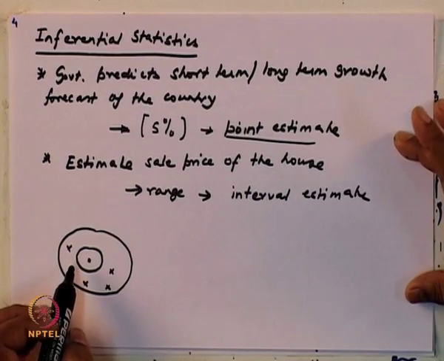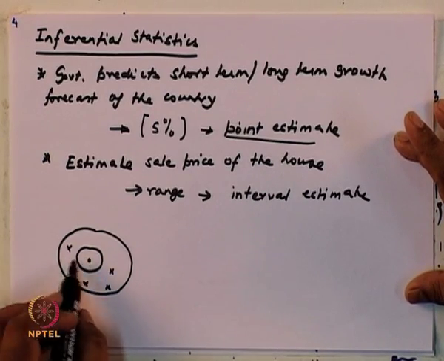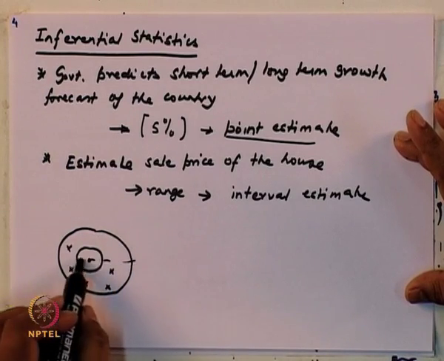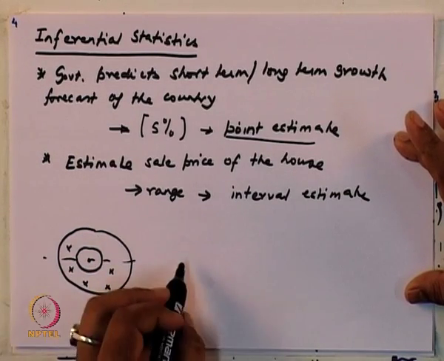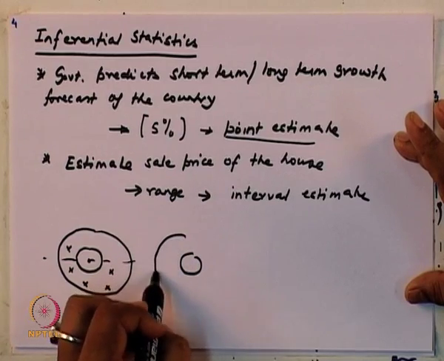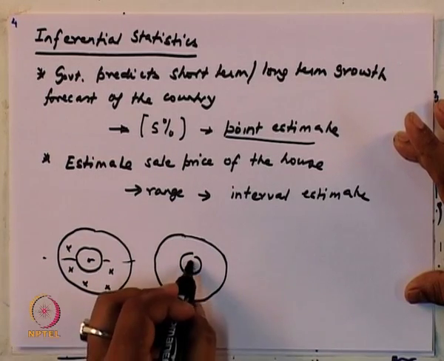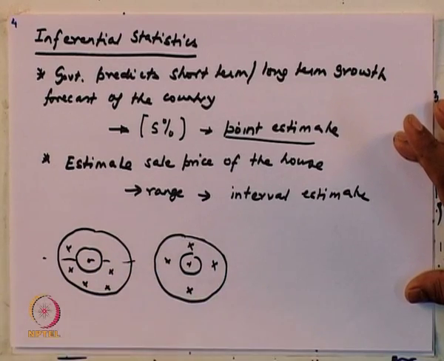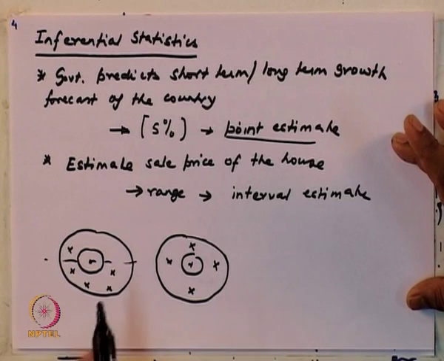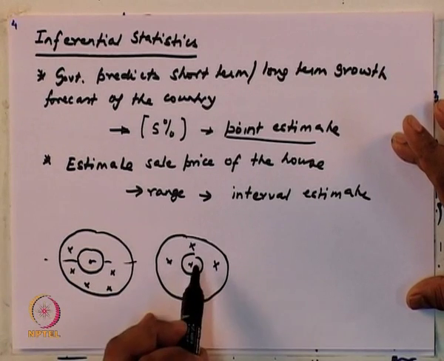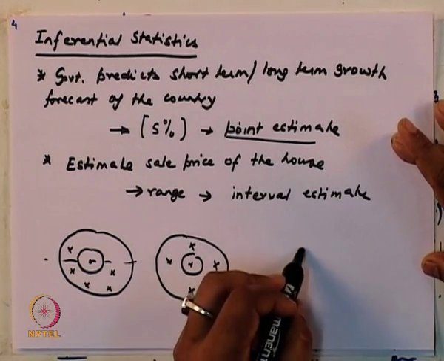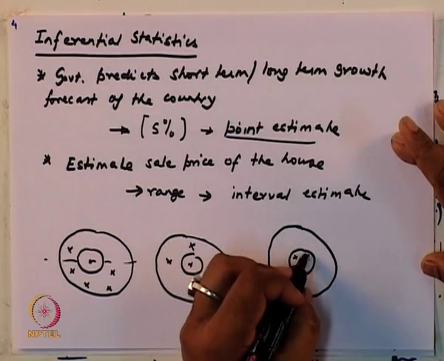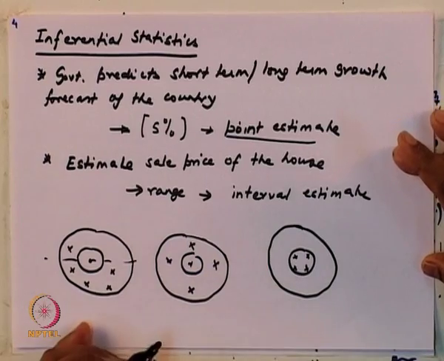In this example, you see that these values are mostly below this axis. Or you can have a situation where you have points which are all over the place. Or let us take another case, where the points are here.